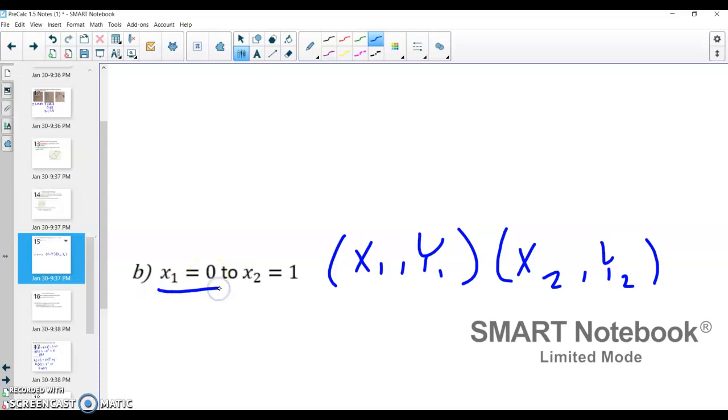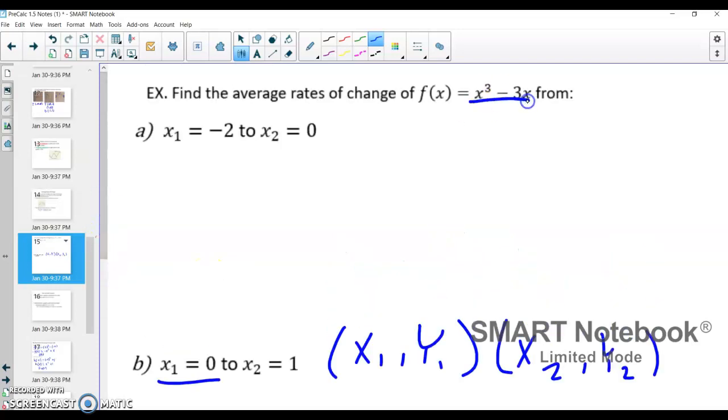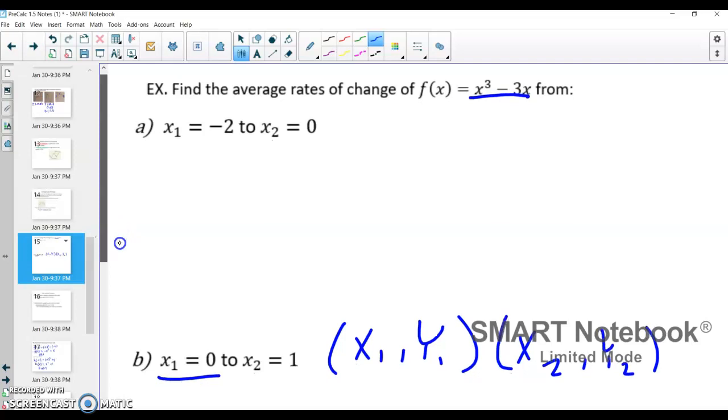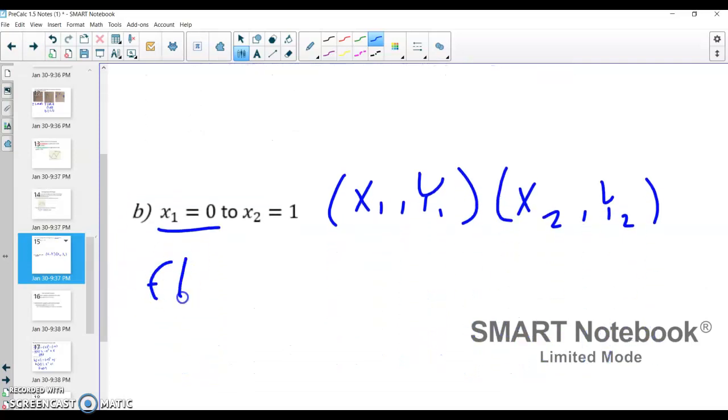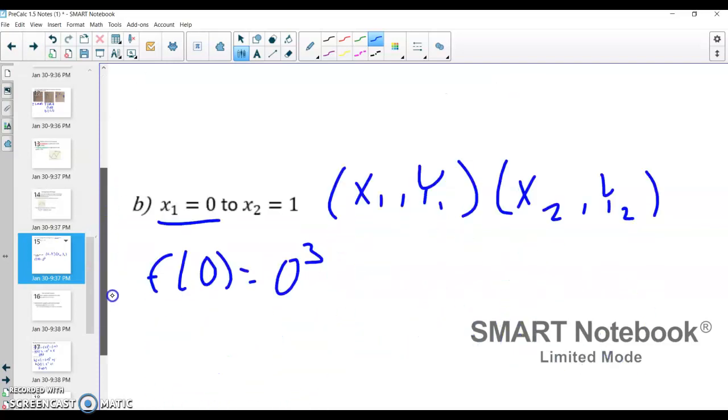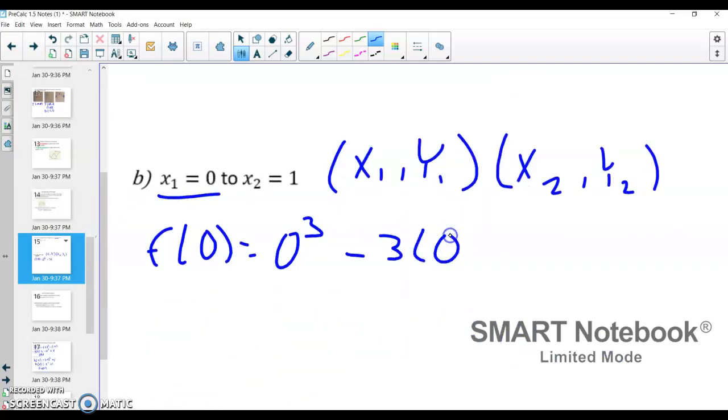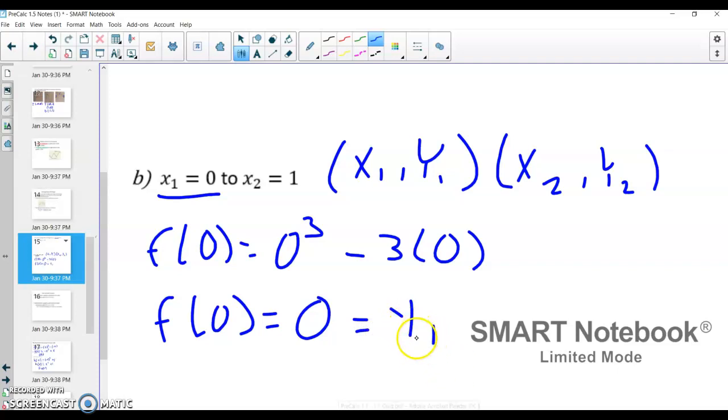I'm going to first plug in x1 into my equation up here. And when I plug in x1 and solve it, that's going to give me y1. And so plugging that in, I get f of 0 is 0 cubed minus 3 times 0, which means f of 0 equals 0, because 0 cubed is 0, minus 3 times 0 is 0, and that is my y1, because it's the output I get when I plug in my x1.